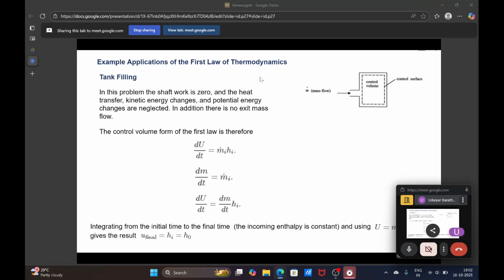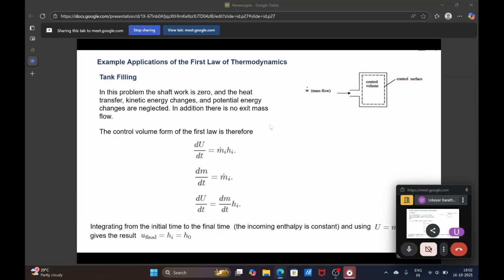So examples of the first law of thermodynamics: first, a tank filling. Your empty tank, you are filling with some gas, so that is also an unsteady process. In this case, some mass is coming in, so dm by dt is m_i, the mass flow rate coming in. That is the rate of change of mass in the system.